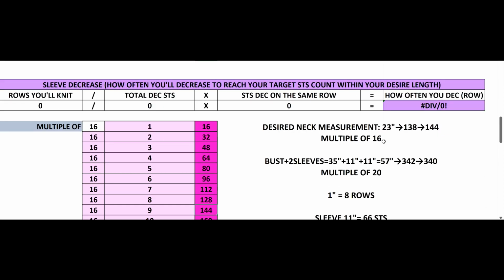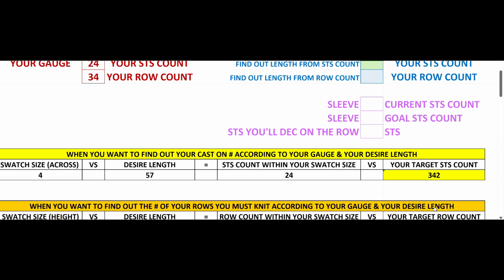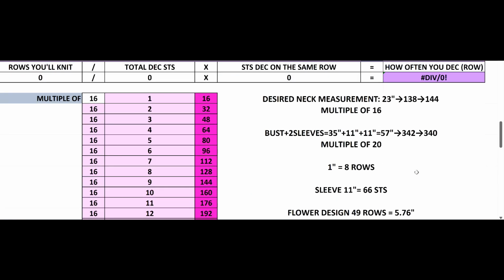So let's go up and right here. Because I know the length, I'm going to put the 57 now, and then it's the yellow section, and here, 342. And right here, okay? So the 57 has to be 342 stitches.